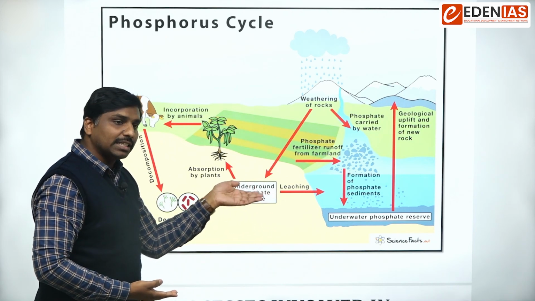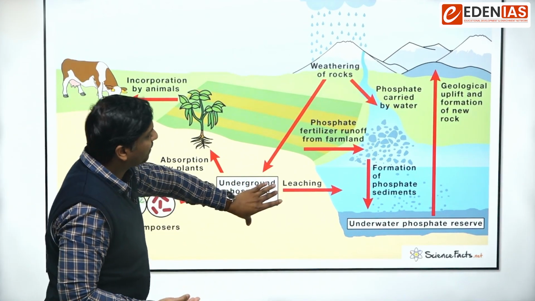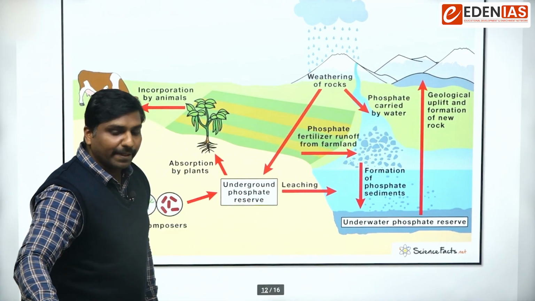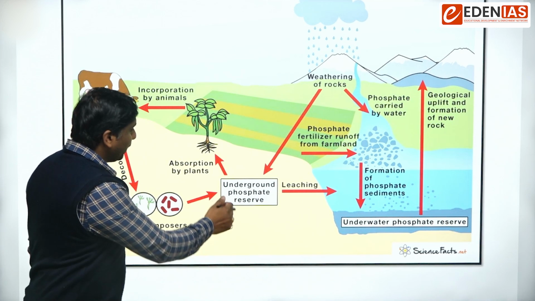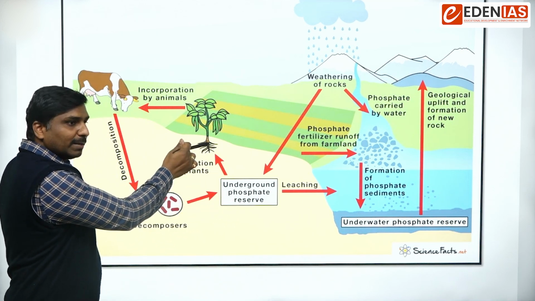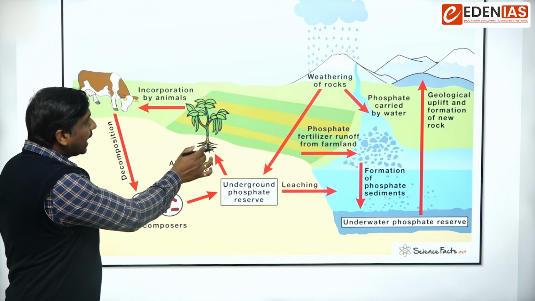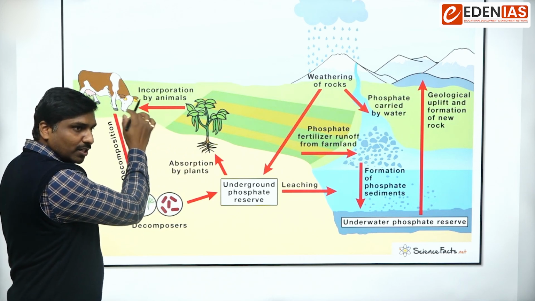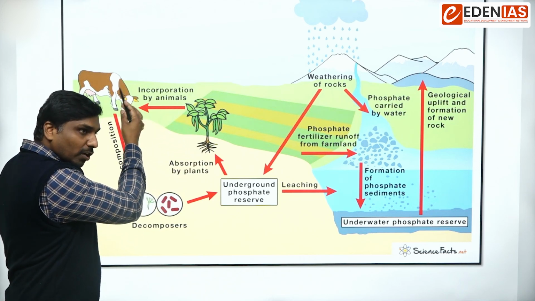Phosphates might be present in the soil or rocks. These phosphates would first be absorbed by the plants, then the plants would be consumed by the animals, so phosphates would be absorbed by the animals.